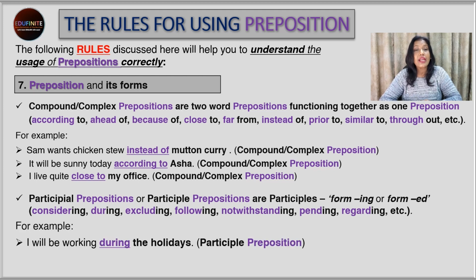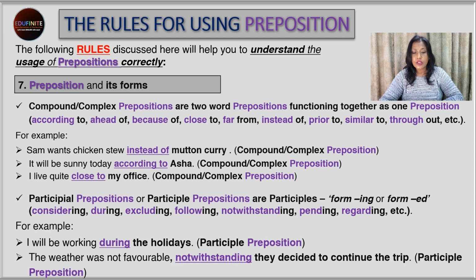I will be working during the holidays. Now the word during is the participle preposition. The weather was not favorable, notwithstanding, they decided to continue the trip. So again, notwithstanding is the participle preposition because it has the ing with it.